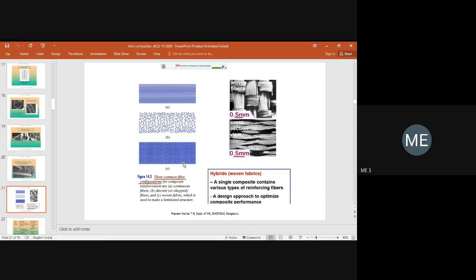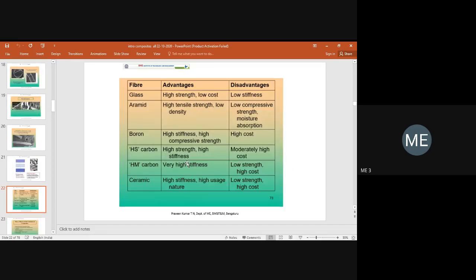If the length is very, very small, then it is referred to as a particle. One is fiber, one more is particle, and one more is whisker. A particle you can understand like a sand particle. A fiber is like our thread. Whiskers means if you cut the thread into very, very small pieces. So these are the properties.